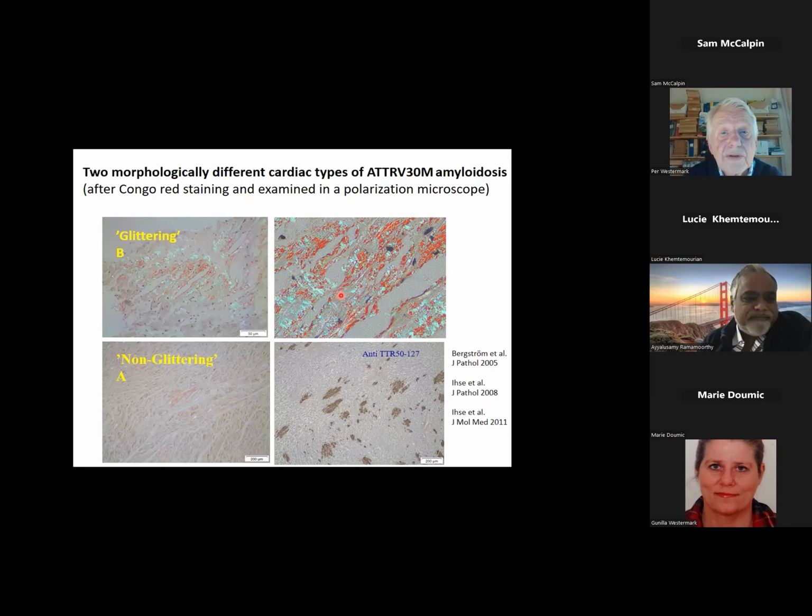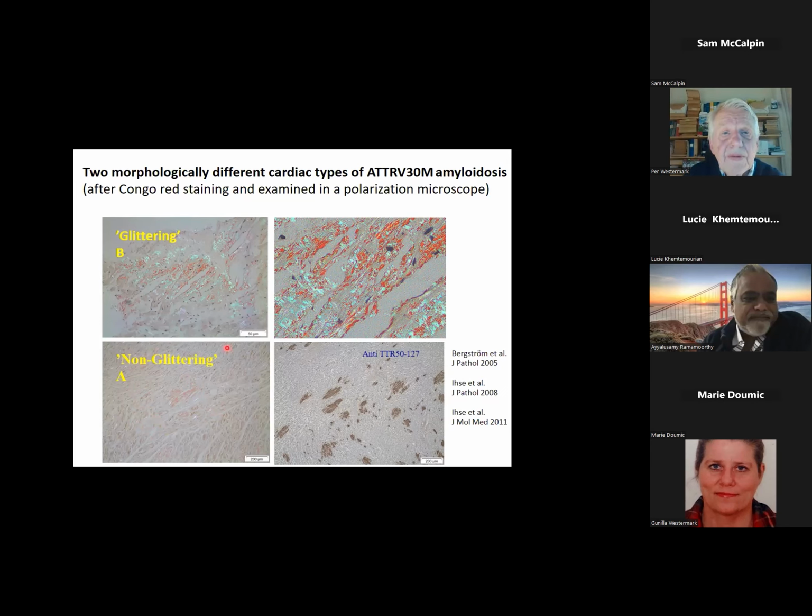Congo red is the usual way to look at amyloid in tissue sections. We saw that there were differences between patients. Some had very glittering amyloid deposits, had a strong affinity for Congo red, showed a beautiful birefringence, while other patients had a non-glittering appearance with weak staining with Congo red.